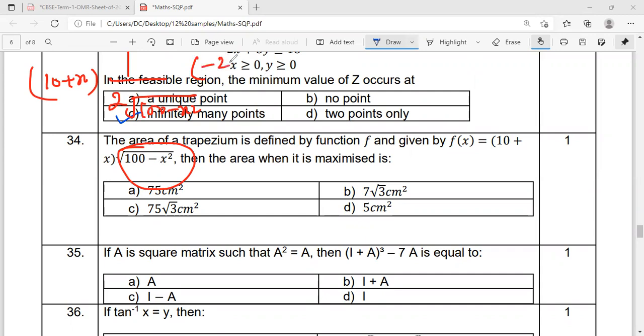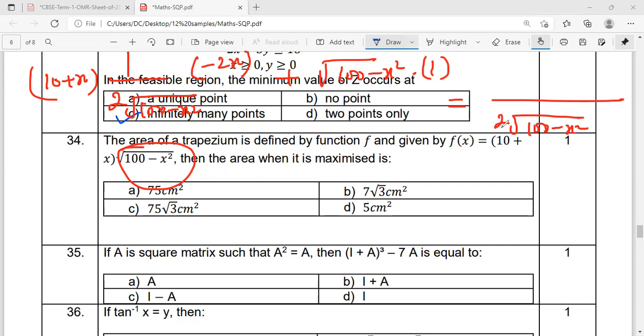Derivative of x square, which is minus 2x. So minus 2 and 2 should go. First derivative of second plus second, that is under root 100 minus x square, derivative of first, which would be 1, because derivative of 10 is 0. So when we take the LCM, the denominator comes 2 square root of 100 minus x square.